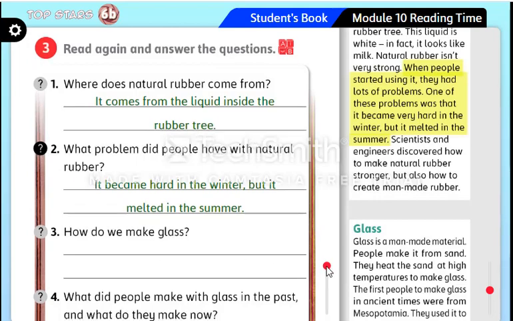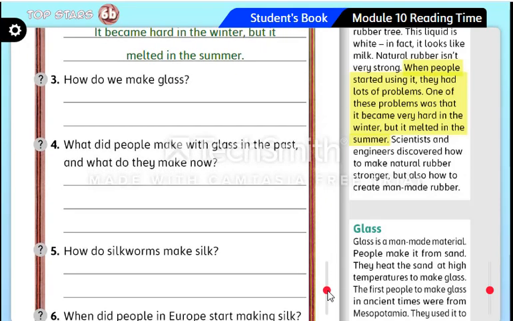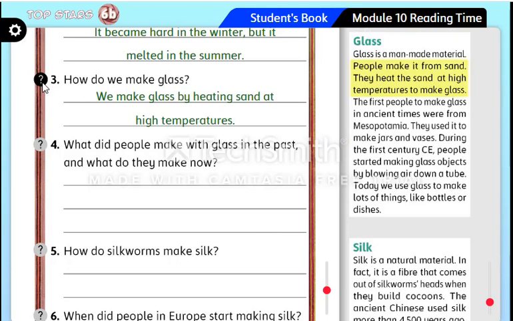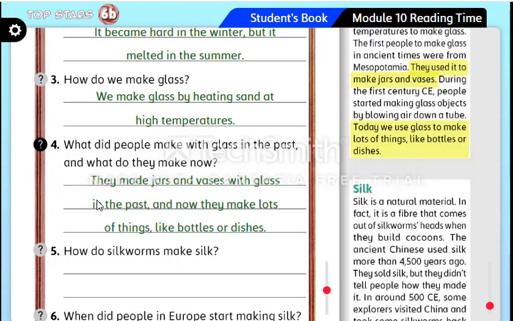Number 3. How do we make glass? We make glass by heating sand at high temperatures. What did people make with glass in the past, and what do they make now? Of course, they made jars and vases with glass in the past, and now they make lots of things like bottles or dishes.